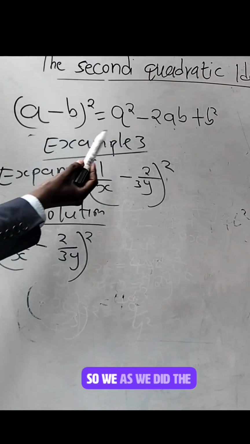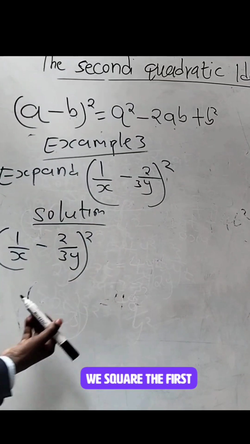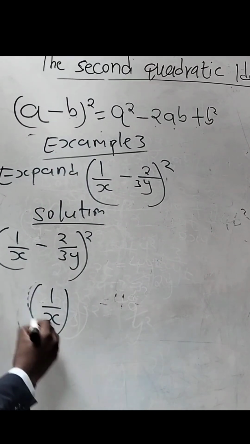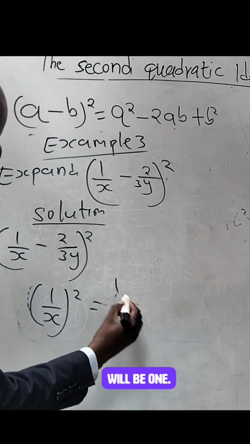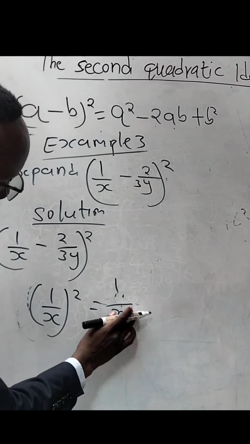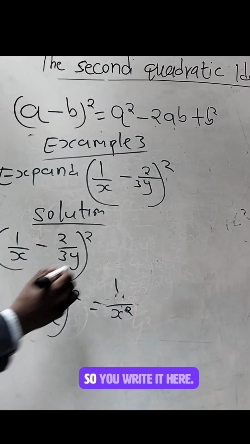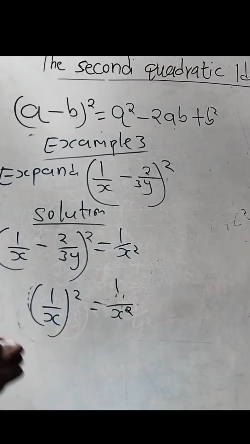As we did the first one, we square the first element. The first element here is 1 over x. If you square 1, it will be 1. If you square x, it will be x square. It will be 1 over x square. So you write it here, 1 over x square.